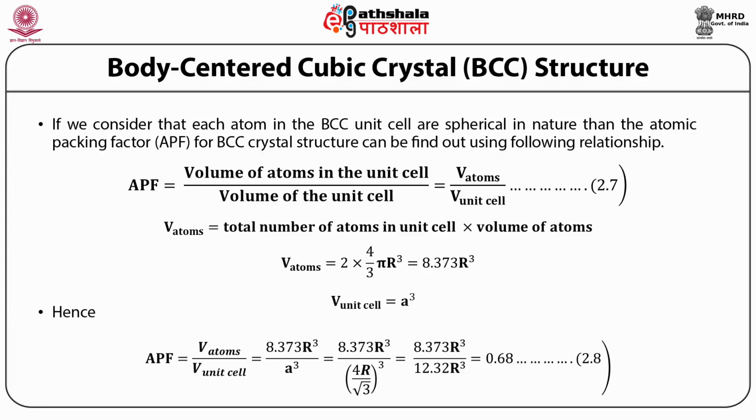Hence, the APF for BCC crystal structure is 68%, which means 68% of the volume of the unit cell is occupied by atoms and the remaining is empty. Since atoms could be filled closer together, the BCC structure is not a close packed structure. Various metals such as iron, tungsten, chromium, and molybdenum exhibit BCC crystal structure.